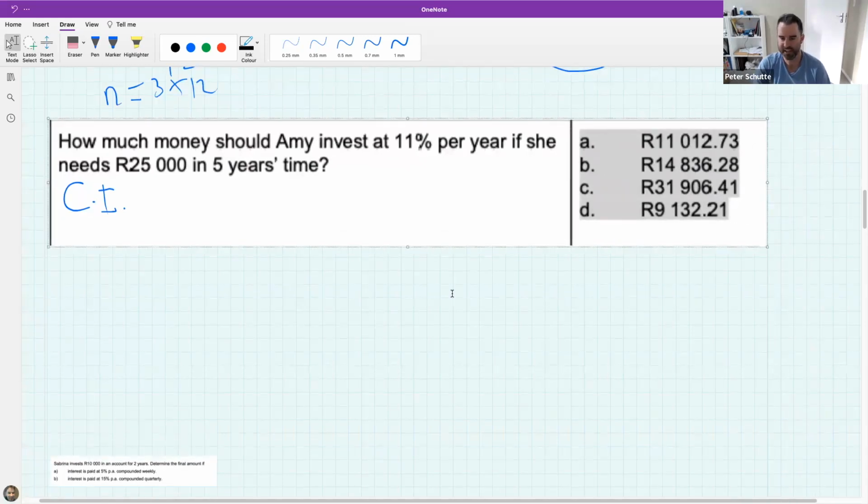We need P, exactly, Morgan. I'm taking you through all the combinations. We solved for A, we've solved for I. Now, we won't actually solve for N that often because for N we need something called logs, but that will come around in matric. Or if we do solve for N, it will be a simple one.